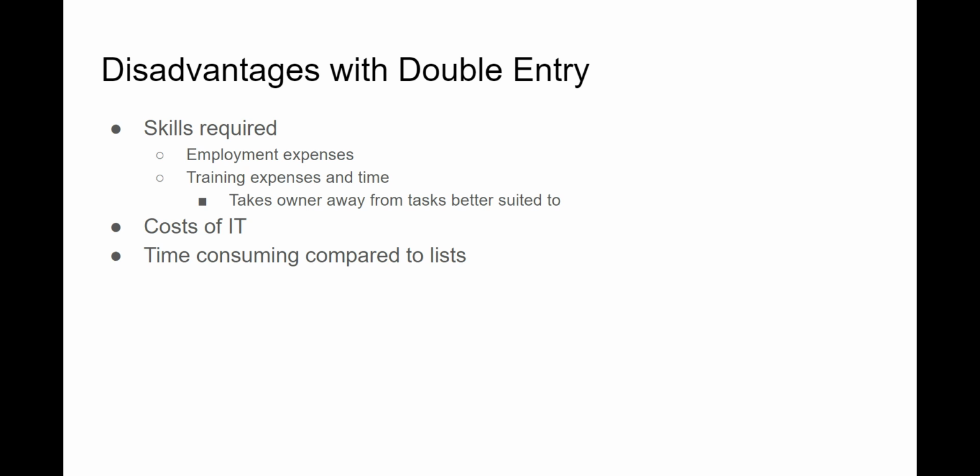And doing a full set of double entry is time consuming compared to what they currently do. So the negatives of doing double entry are practical, and for certain businesses up to a certain size, they do outweigh the advantages of moving to a double entry system.